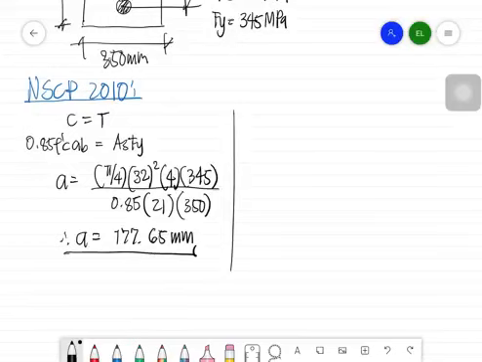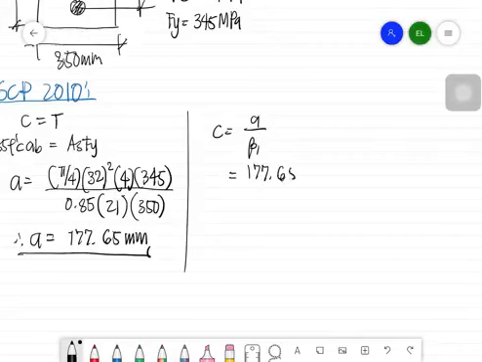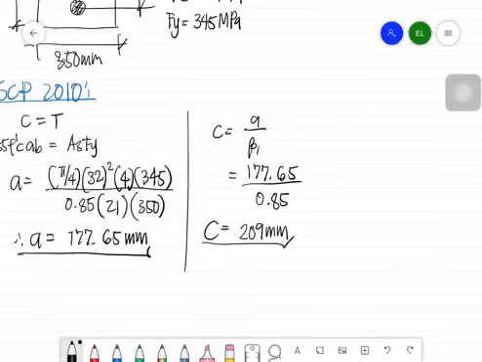Then proceed to solving c, which is equal to a over beta 1, which is 177.65 over 0.85. I explained earlier why beta is 0.85. So c is equal to 209 mm.